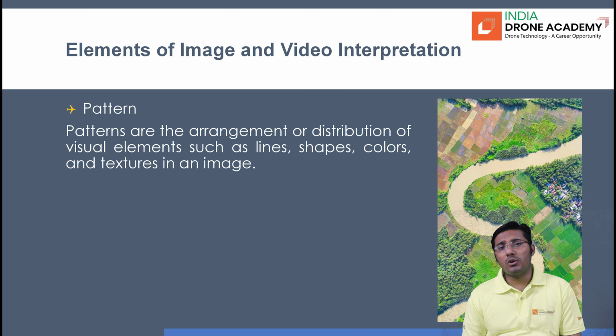Patterns are the arrangement or distribution of visual elements such as lines, shapes, colors, and textures in an image. On the right side of the screen, the image shows different spots of green color field and different brown color fields. The field which is dark green means that it is very well watered and the plants or trees are very well nourished in this area.